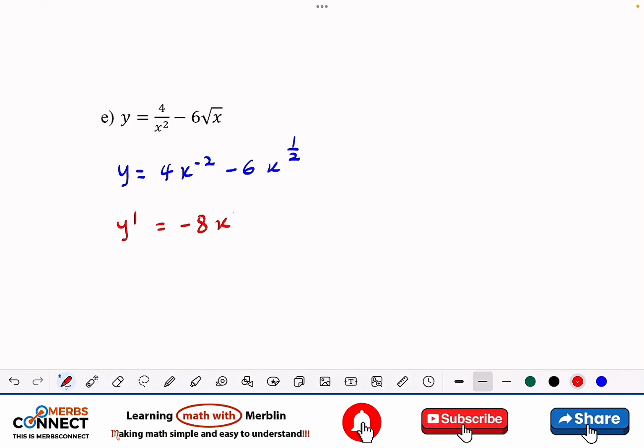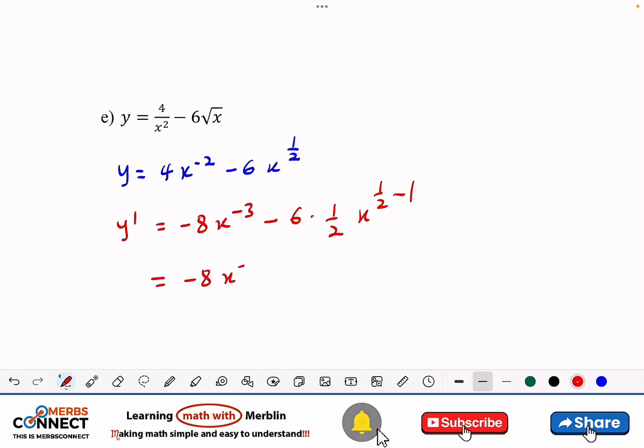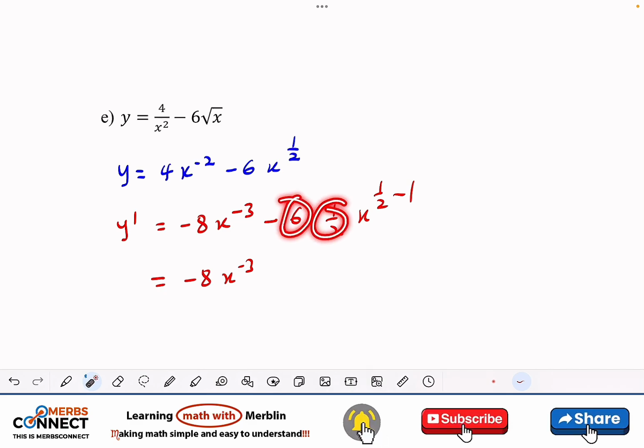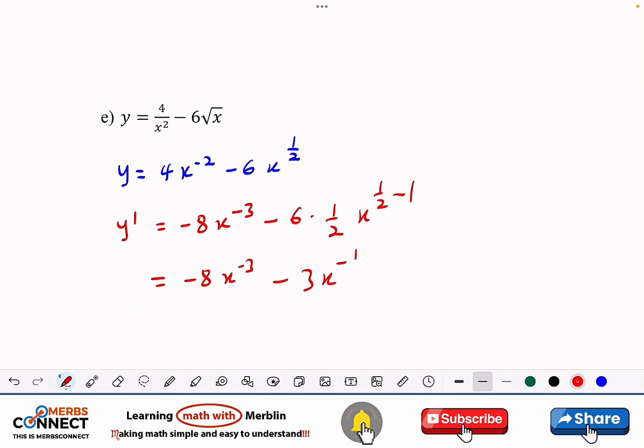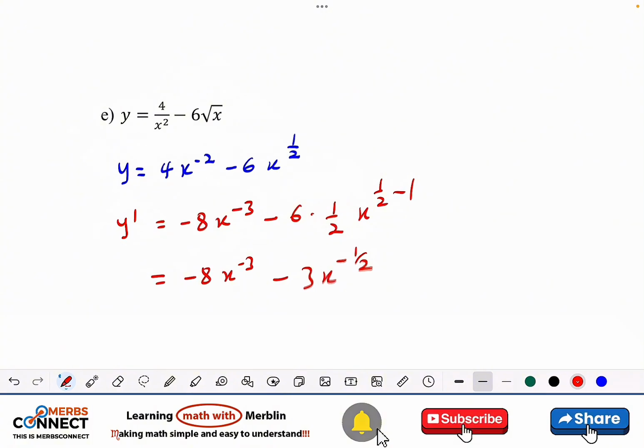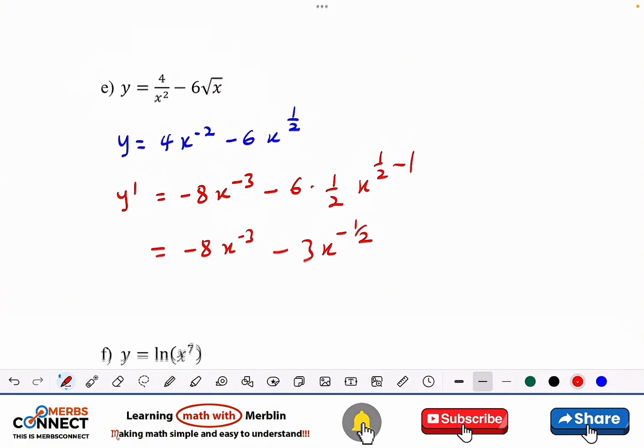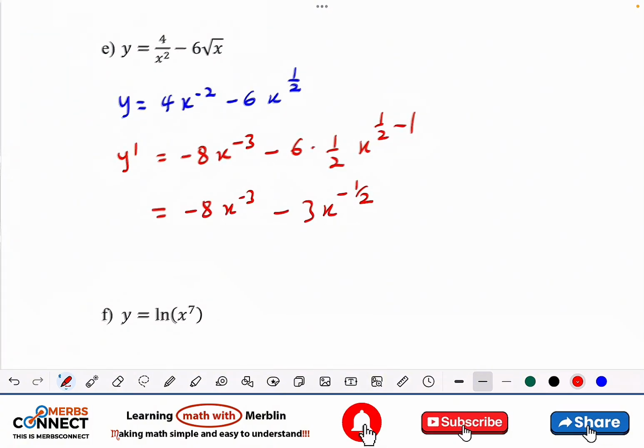Then I subtract 1, so negative 3, minus 6 times 1 over 2, then 1 over 2 minus 1. So this is going to give us minus 8x to the power minus 3. This time this is going to give us minus 3, and then this minus that is going to give us minus 1 over 2. I leave my final results here. I can decide not to simplify. If you want to do further simplification, you can do that as well.